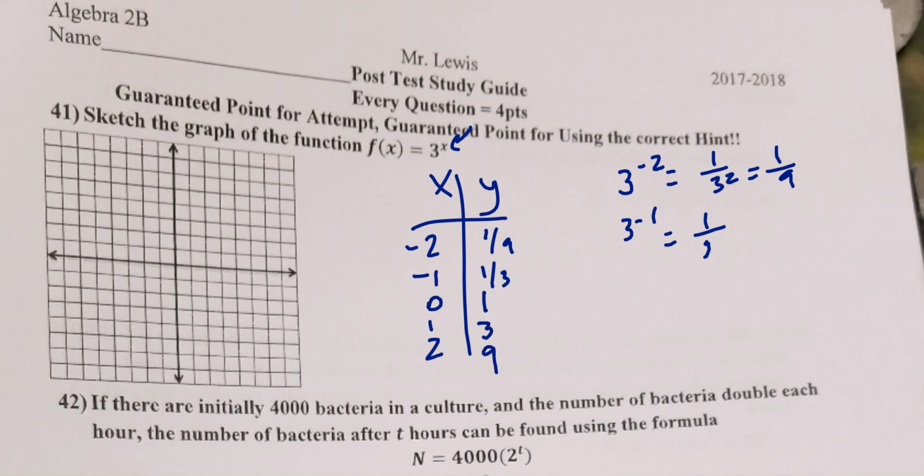So I go over 2, up to 9, put a dot, over 1, up to 3, put a dot, and so on for the negative values, and then there it is. And this goes on to the left forever, but it never crosses 0. So it goes up and gets really big really fast. And that's it for 41.